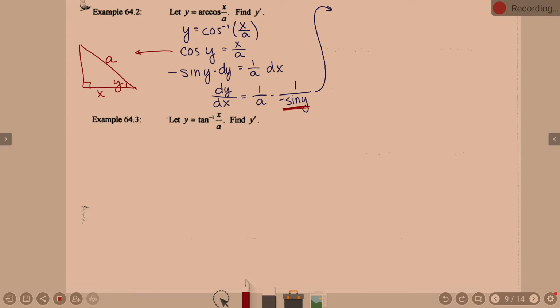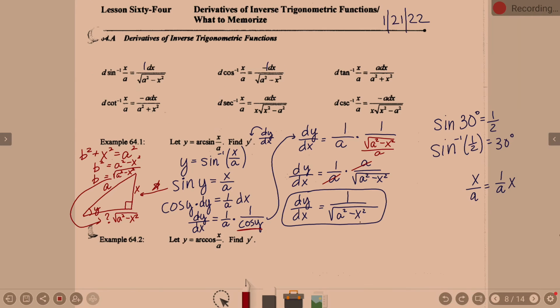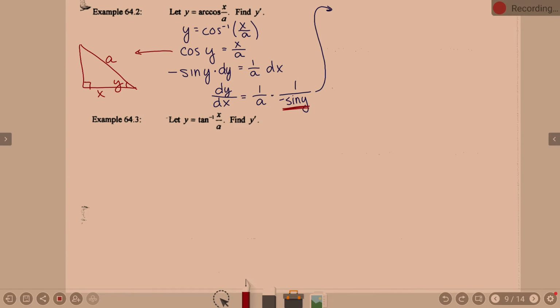Can we use our information from the last triangle? The last one, we had a hypotenuse of a and a side of x. Isn't that what I have again this time? It's just a different side, but your sides can interchange, right? So what's my other side going to be? Correct. Square root of a squared minus x squared. And if you don't believe me, do your Pythagorean theorem work, right?